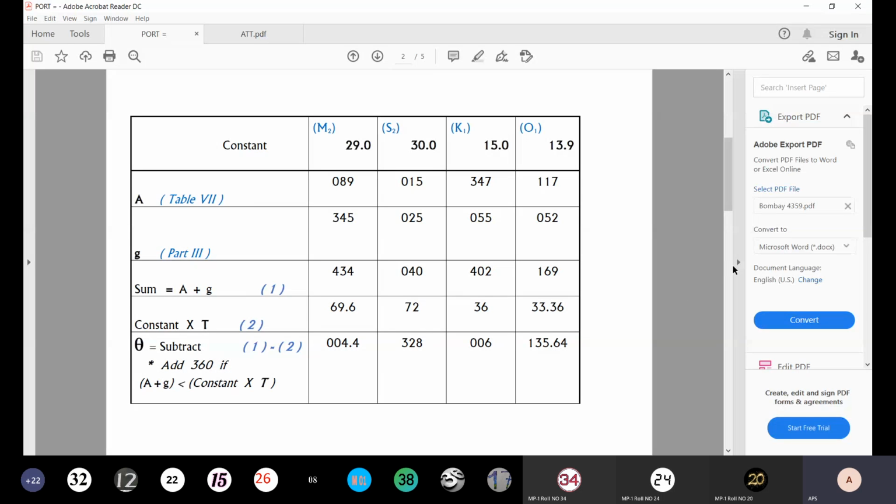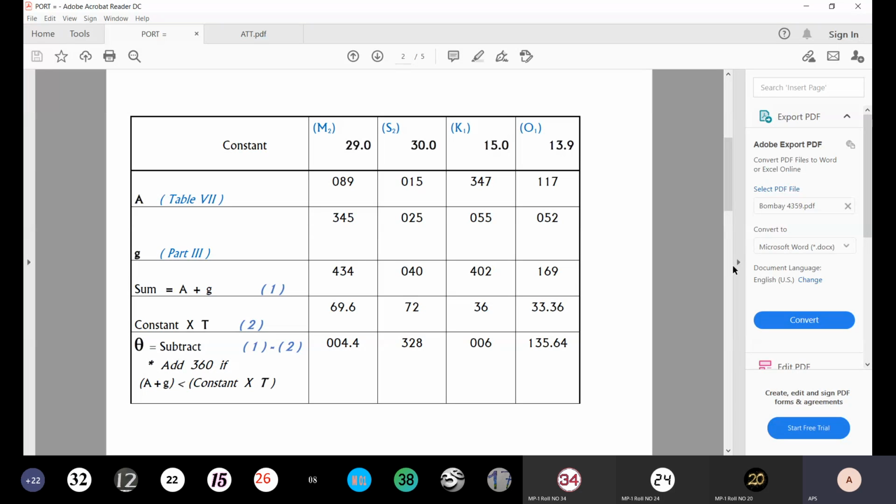Now make this table. Just make the table. Data I'll tell you how to look up and write.